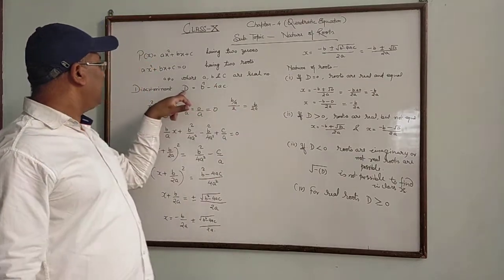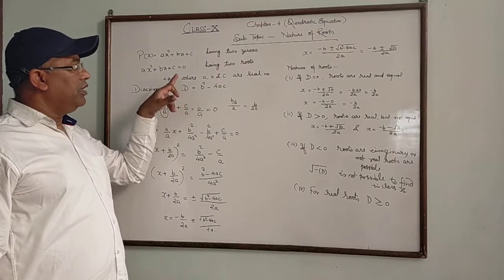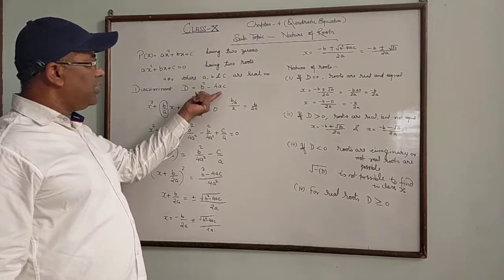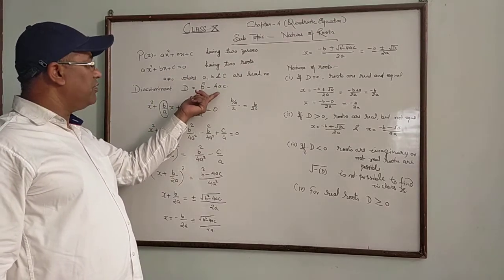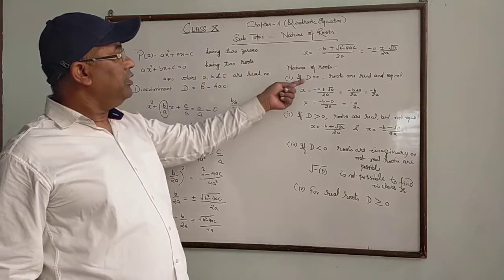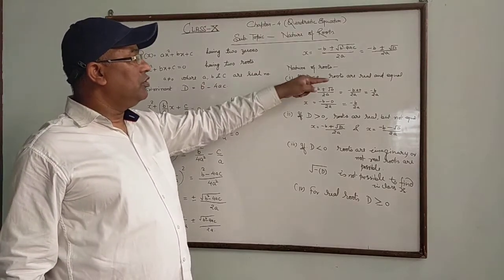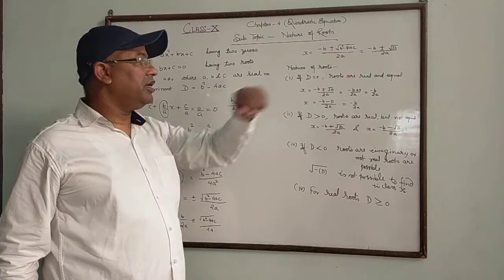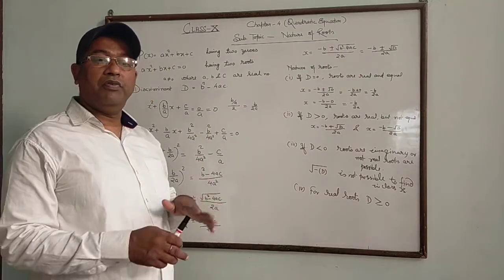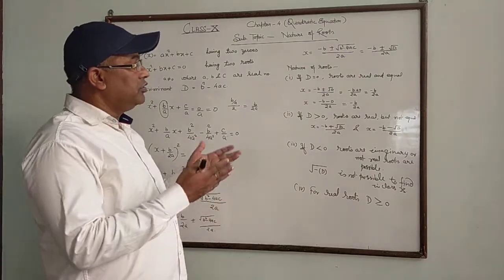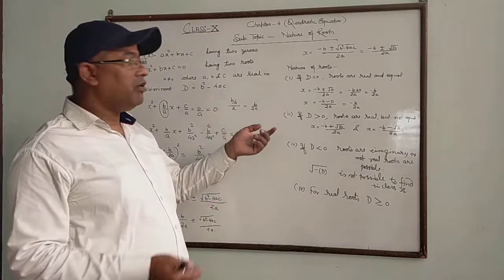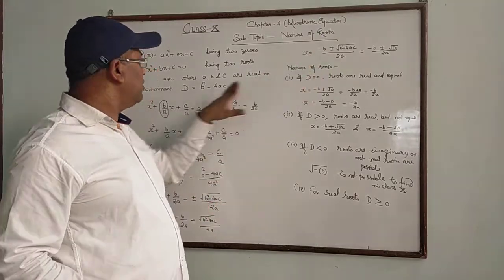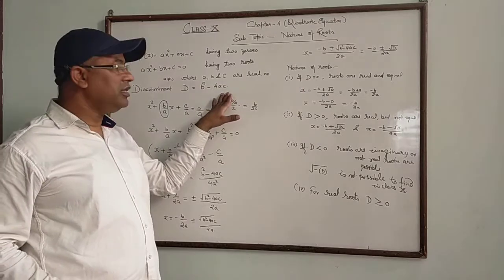It depends on the discriminant value. When we calculate the discriminant value, if D is equal to 0, it means roots are real and equal. How do we show roots are real and equal? Because a, b, c are real and the discriminant is also in the form of a, b and c.